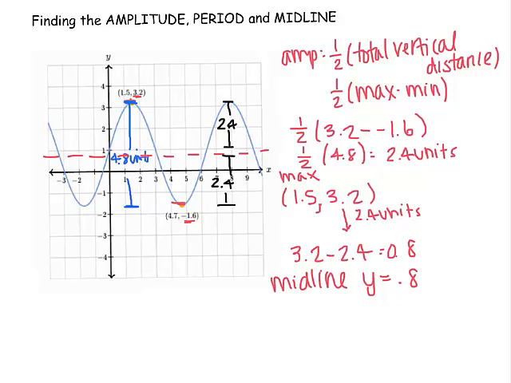Now let's see if we can find the period. The first thing you need to figure out before you find the period is where one cycle is. If I start at the given point they gave me and follow down, I'm going to come down until I get to that min they gave me. That's not really one cycle yet, because then I've got to come back up.